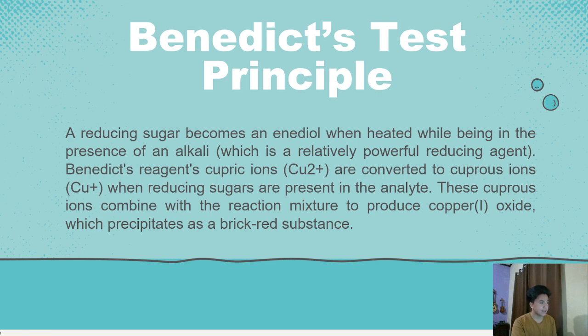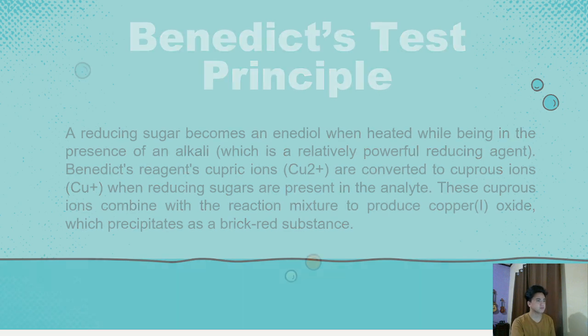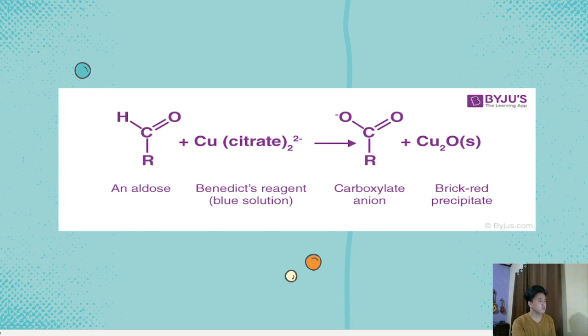These cuprous ions combine with the reaction mixture to produce copper oxide, which precipitates as a brick red substance. So this is the picture. This is an aldose, Benedict's reagent, carboxylate ion, and the brick red precipitate.